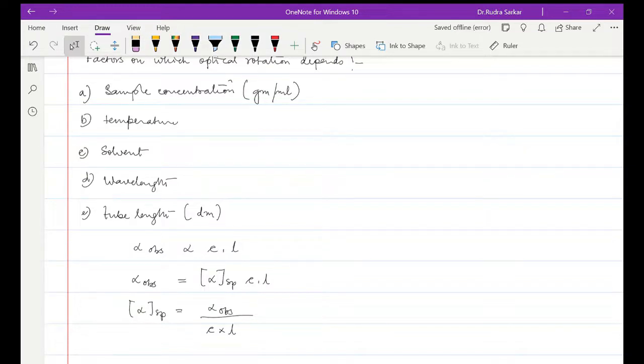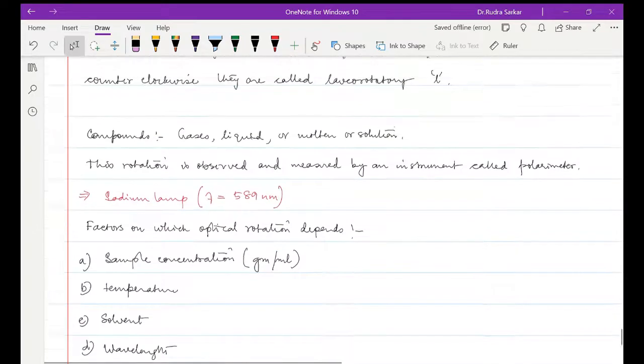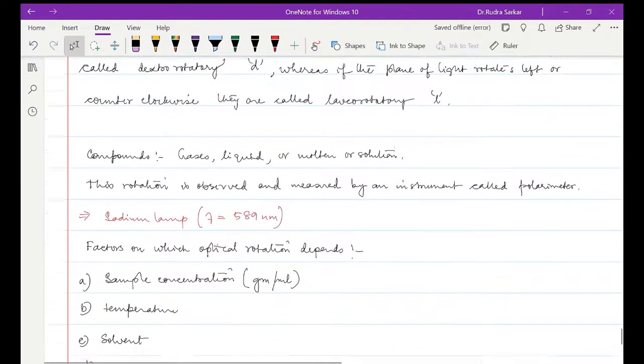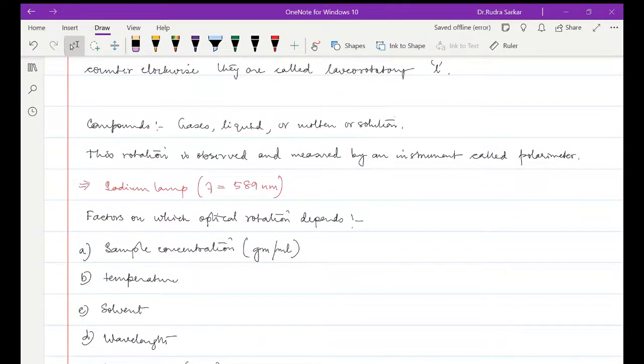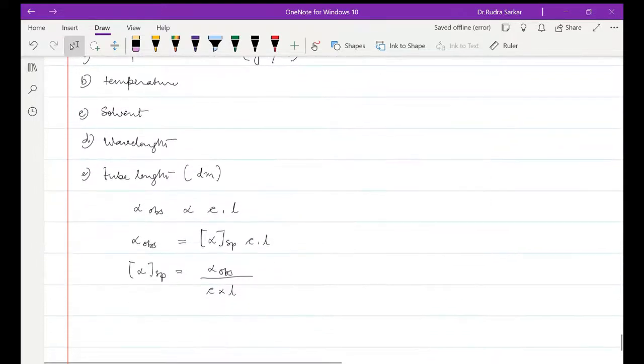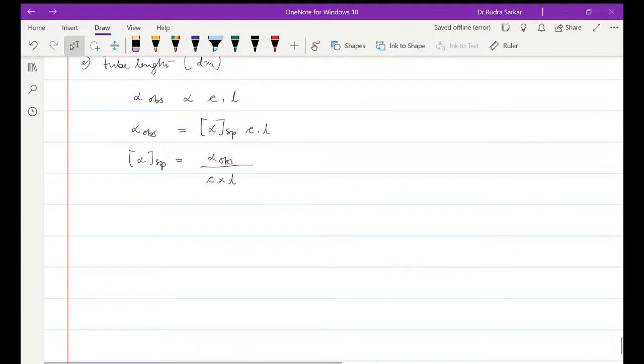Now a solution, as I had said before, when they contain equal amounts of dextro and levorotatory, they are called a racemic mixture. Now, when one is present more than the other, then we call the solution as having enantiomeric excess.